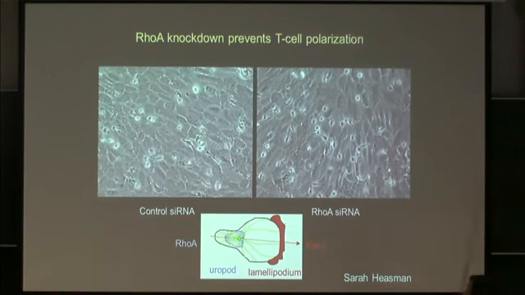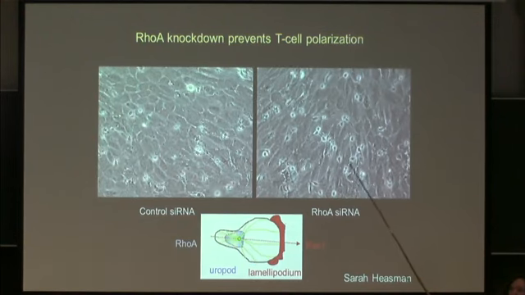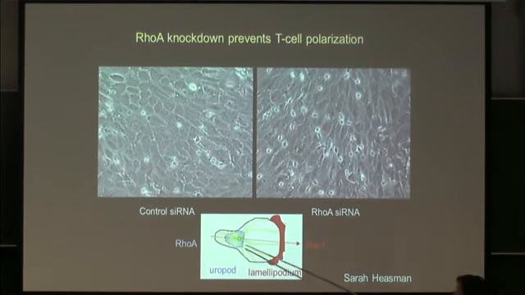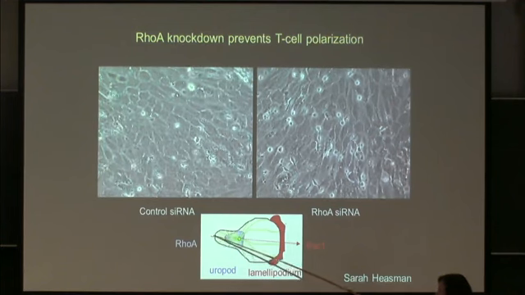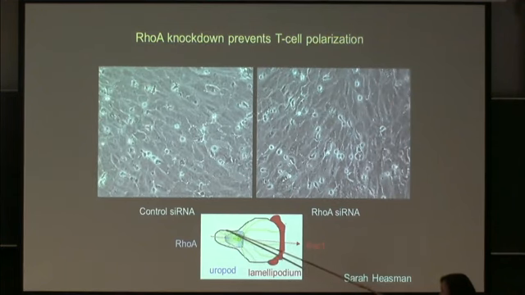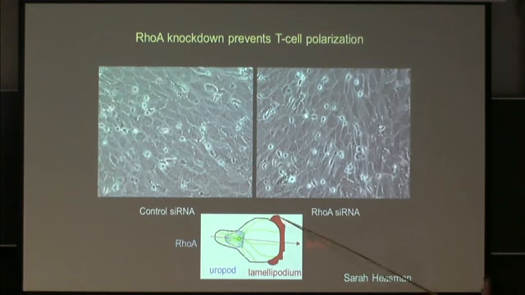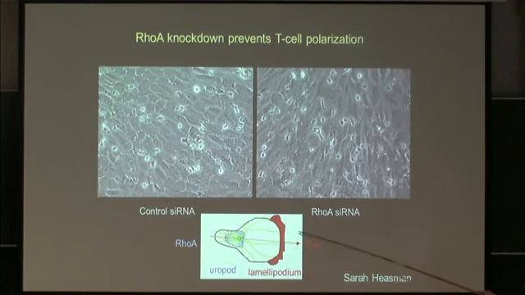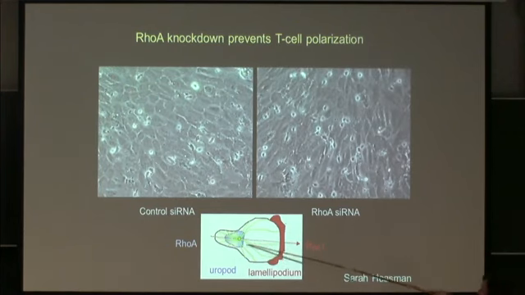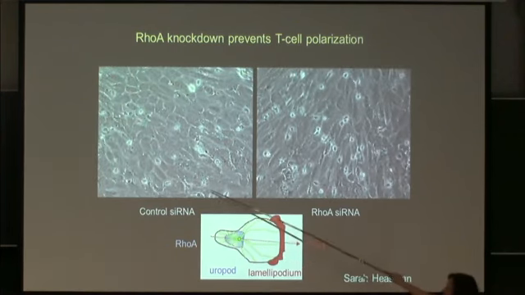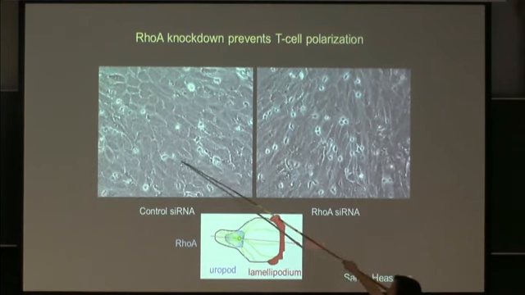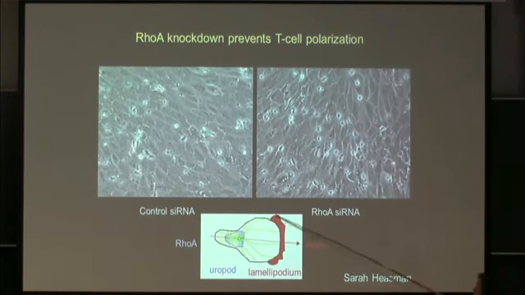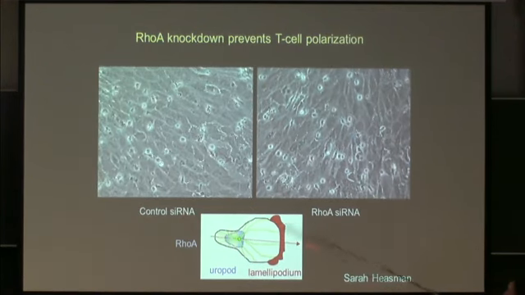So the important thing about this is this shows us that this protein, Rho A, inside cells is not just required to make this structure, which is called a uropod, but it's also required to make this structure, the lamellipodium, because if we don't have Rho A, we neither have this structure, which is found at the back of these cells, hopefully you can see, and we don't have this structure, which is normally at the front of the cells.